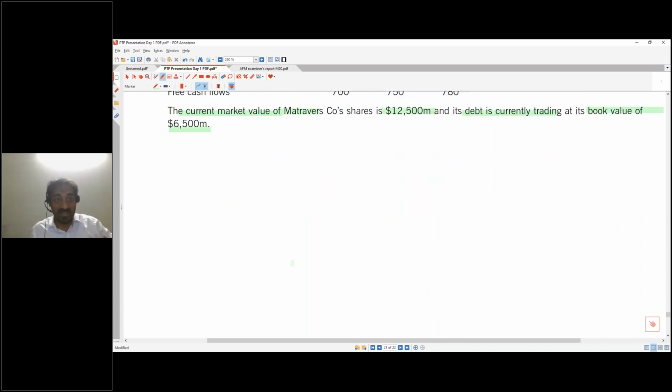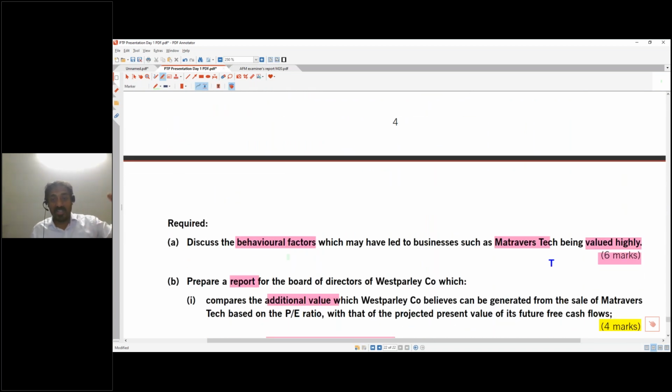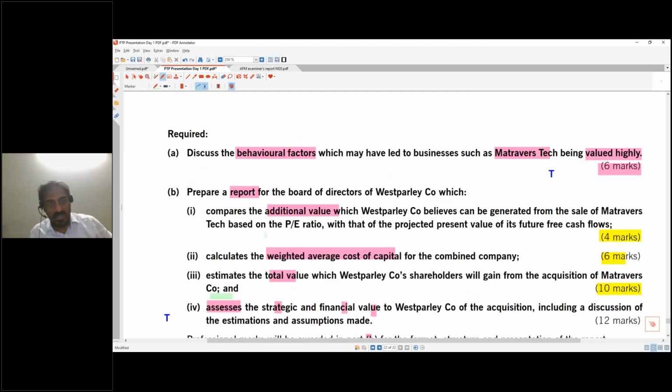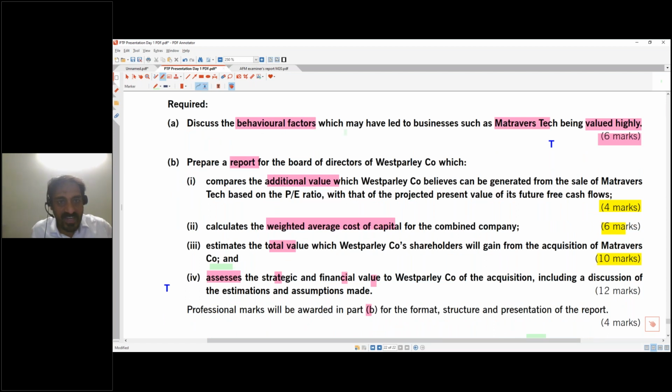That 6,500 figure is mentioned here 3 times. Now you have to read the question accordingly. Discuss the behavioral factors which may have led to the business, such as Matt Travers stake being valued high. Okay, 6 marks. Then report about this. And then the C part.